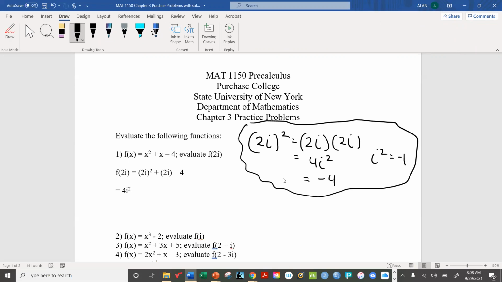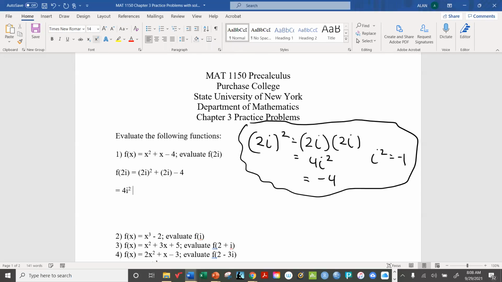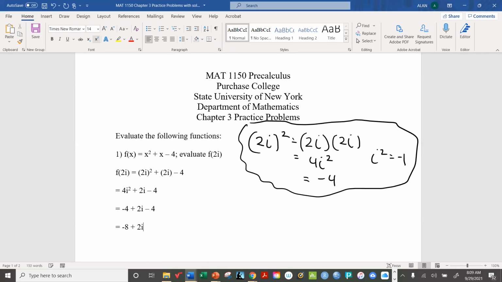Okay. Anyway, so then we have, now of course we then have 2i minus 4, and as you see in the upper right hand corner here, this is -4 plus 2i minus 4. So we end up with -8 plus 2i. Now I do want to remind everyone that the convention in these cases, not that it's that big of a deal, is to try to write the constant first and then the imaginary number second.